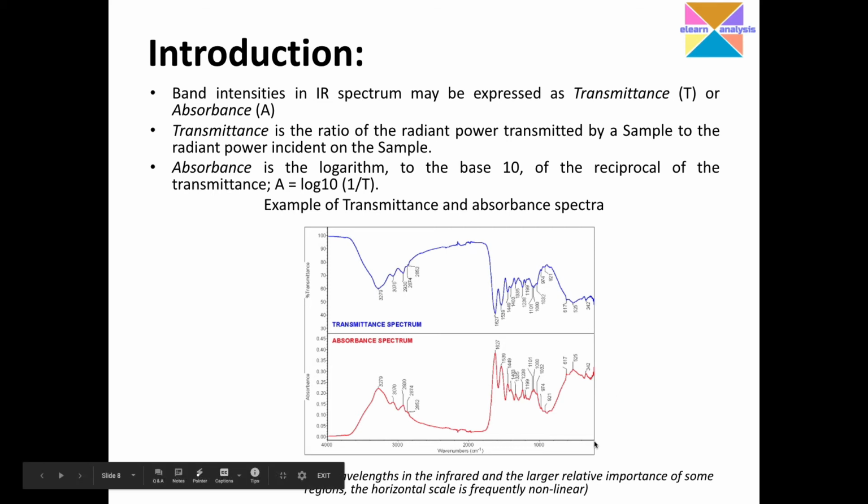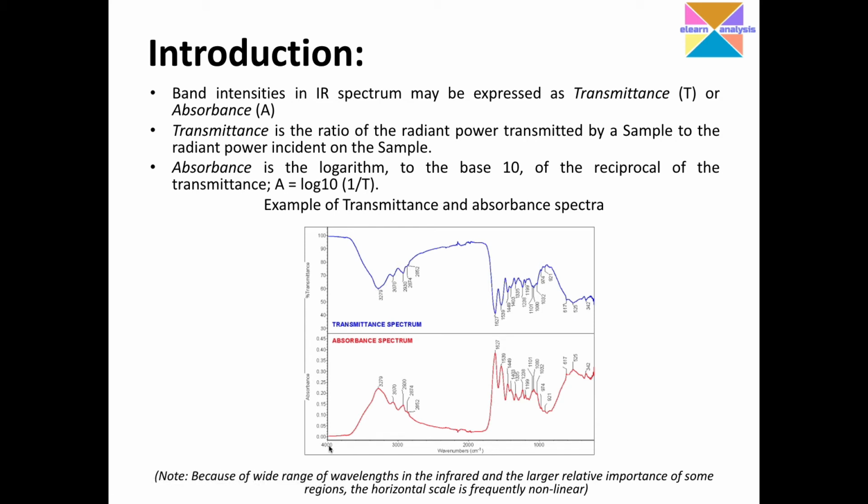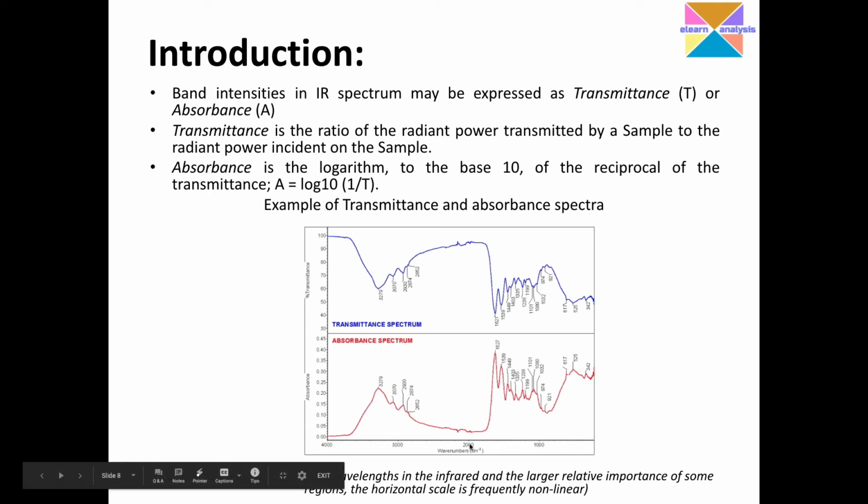So I start from 400 and end at 4000. You can see this scale is non-linear. I mean to say, the scale has been fused to fit, since there are no observations in certain regions. From 2000 up to 2800, you don't see anything major.